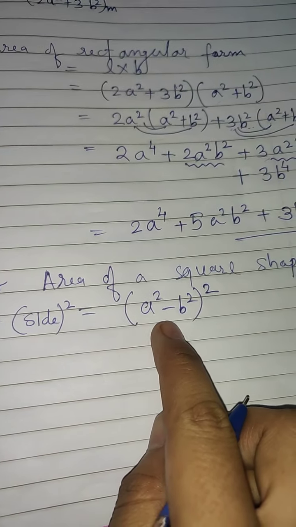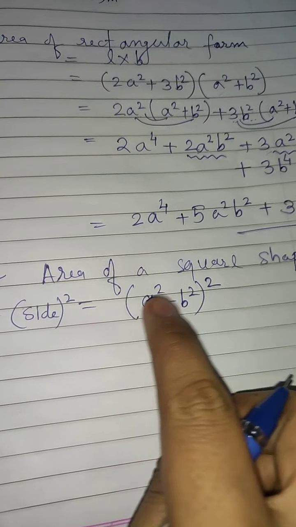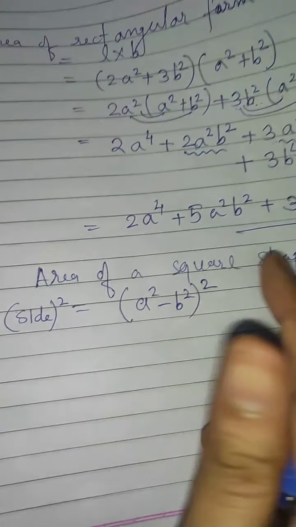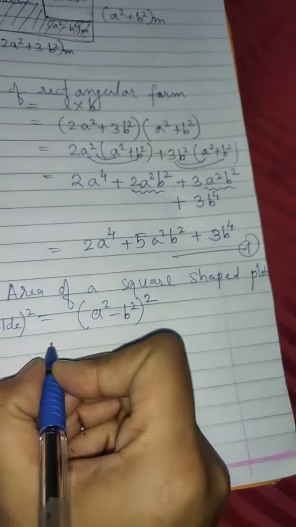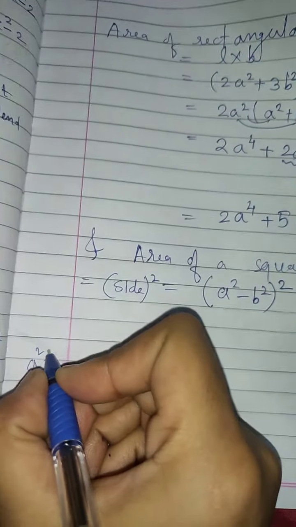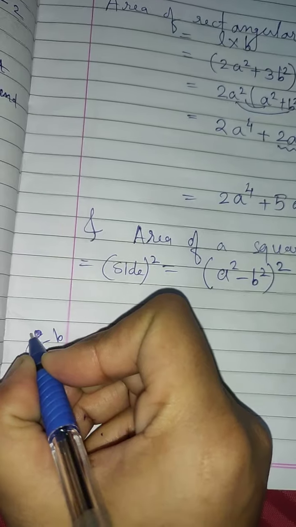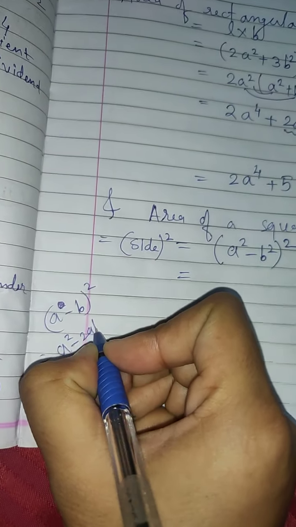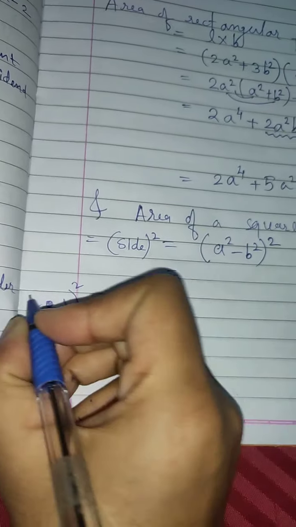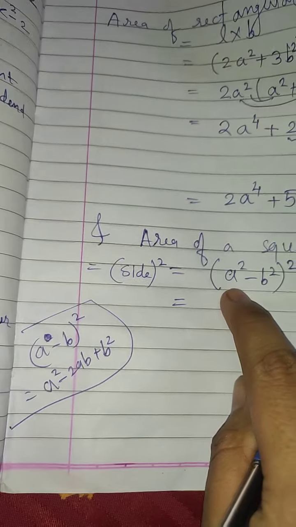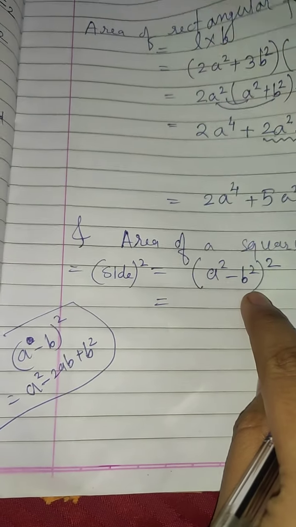Now here we will use (a minus b) whole square. Consider this as a and this as b. So if we put (a minus b) whole square, then what we will get? The standard formula of (a minus b) whole square is a square minus 2ab plus b square. So by using this formula, in place of a we write a square, in place of b we write b square.